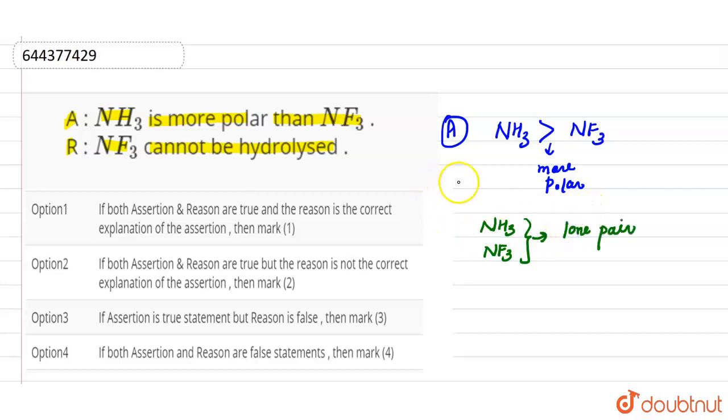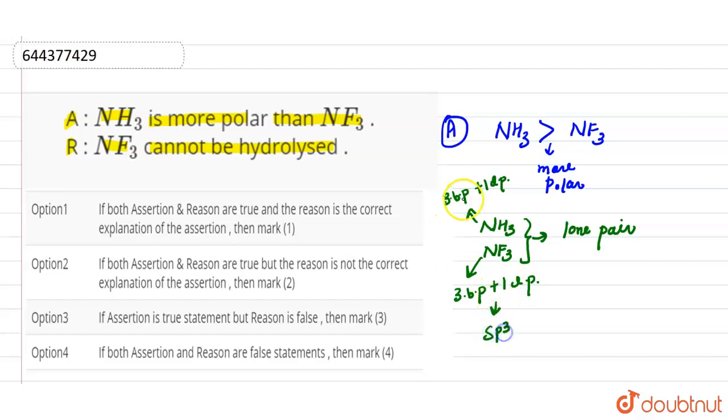In NH3 there are 3 bond pairs and 1 lone pair. Same in NF3, there are 3 bond pairs and 1 lone pair, and both have sp3 hybridization.